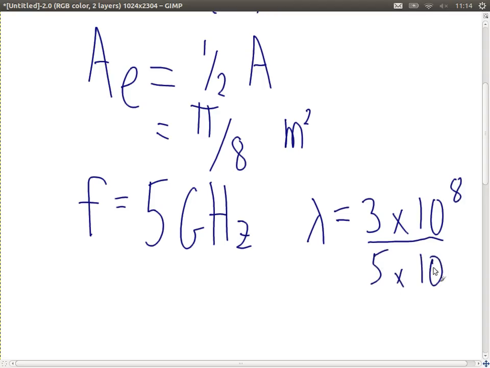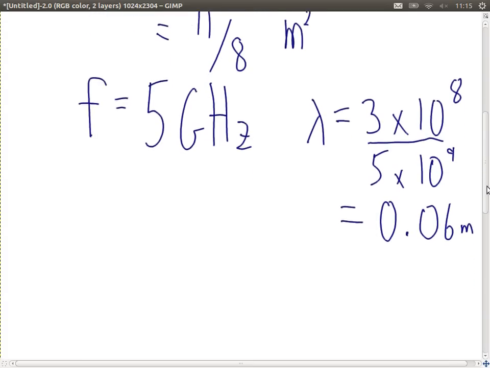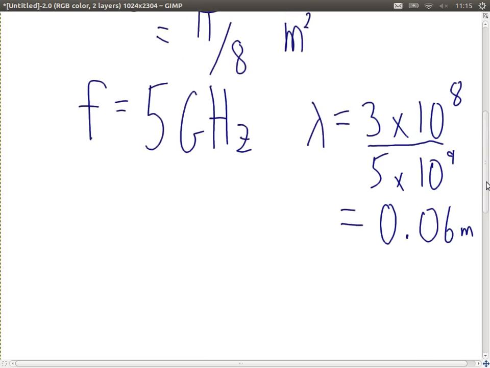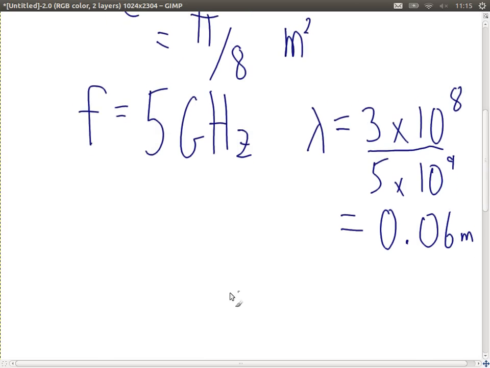Giga, 10 to the power of 9, and you can calculate it is 0.06 meters. Our wavelength. And now just plug the values into our gain equation. We know the effective area, we know the wavelength. Find G, and so we can move along, because I calculated it in the previous class.